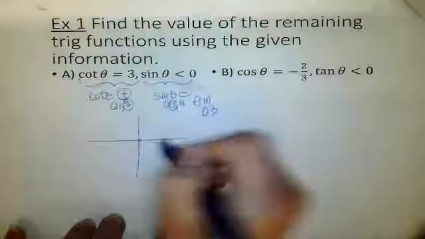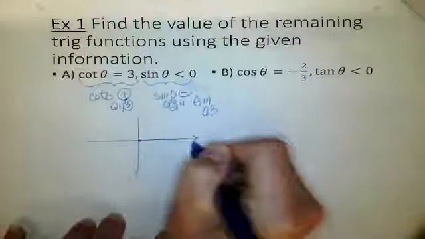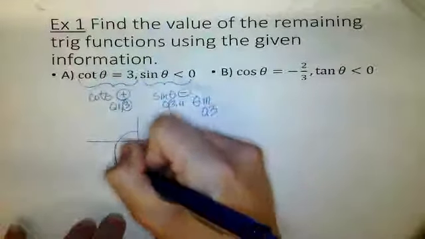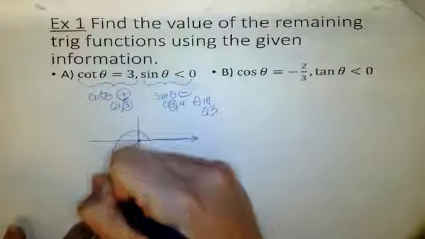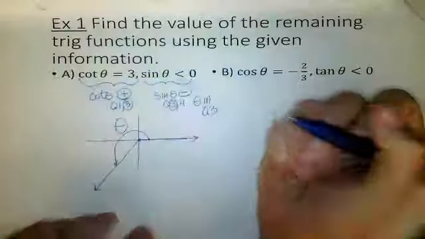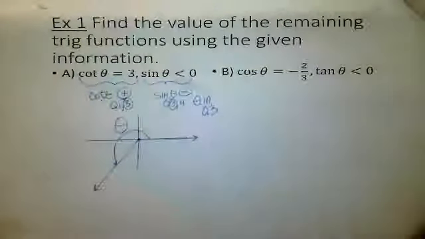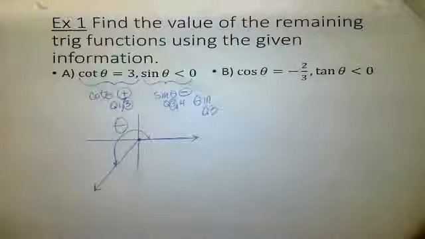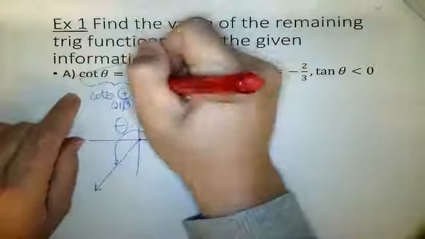So that means that angle theta has an initial side on the positive x-axis, and it opens up and lands here in quadrant 3. So this whole angle is theta. So theta is bigger than 180 degrees, less than 270 degrees. What do we need to do to apply our trig information here?